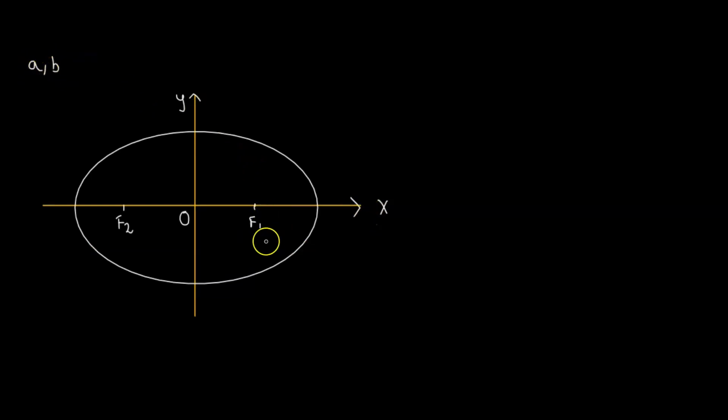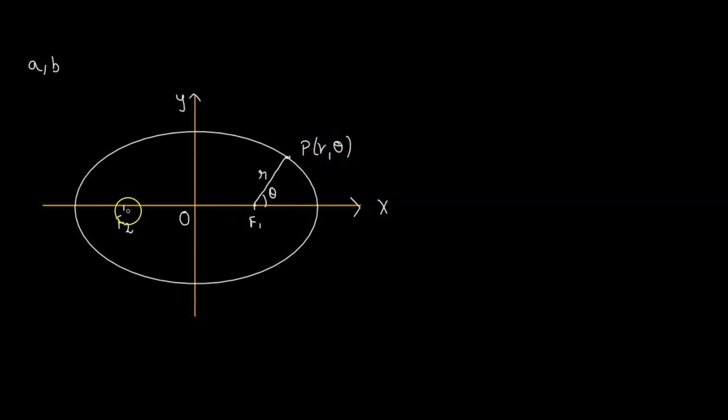So for this particular ellipse, if we consider the origin to be centered at focus F1, and let's say this is a point P, then the coordinate of this particular point P will be given by the radial distance r and how much angle it makes with the positive x-axis. So this will be r comma theta.